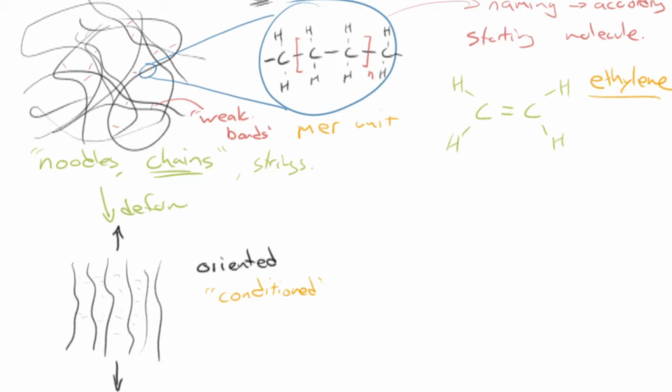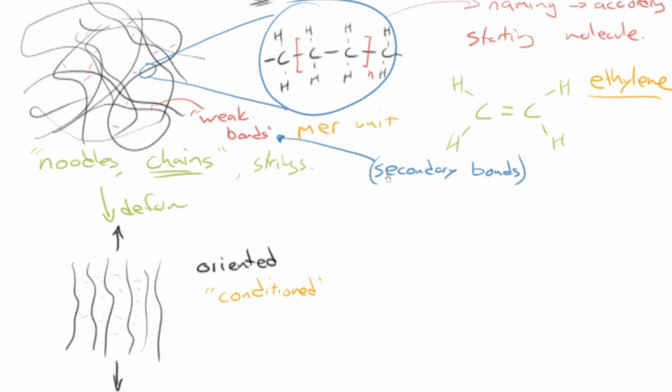But what I also want to do, because I appreciate that some of you may actually know this term, using the blue color, I'm going to give you the technical term. These are secondary bonds, okay? But that's in parentheses. If you don't know that yet, that's okay. We're going to get to that a little bit later. Van der Waals interactions, dipole interactions, that's what we're talking about with those things. At this point, though, because we haven't formally covered it, I'm going to call them weak bonds.